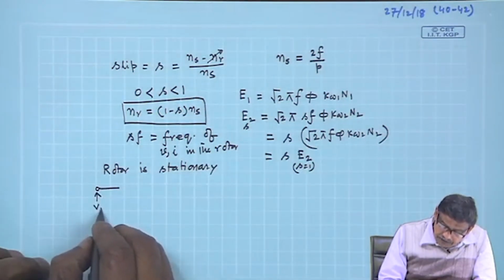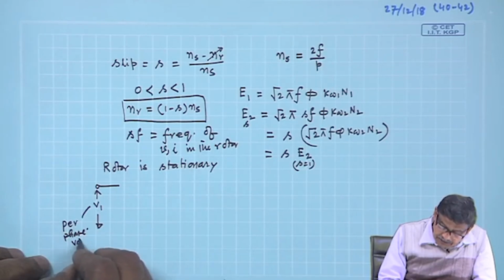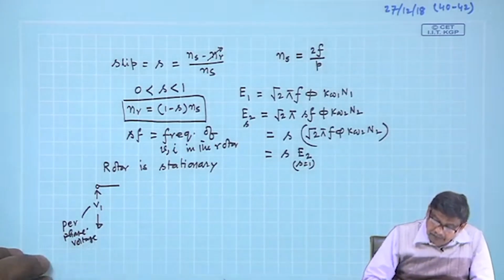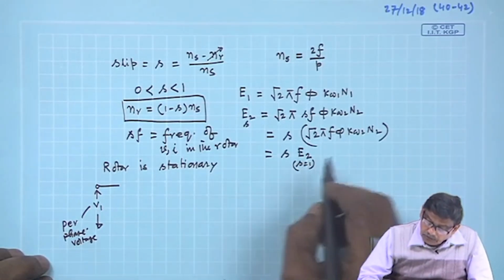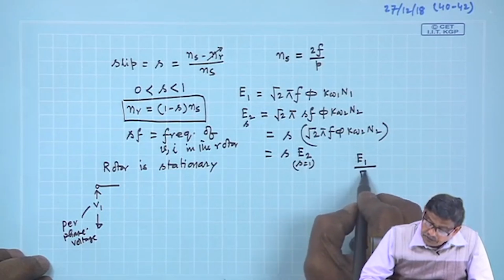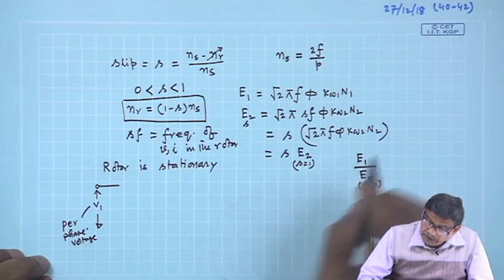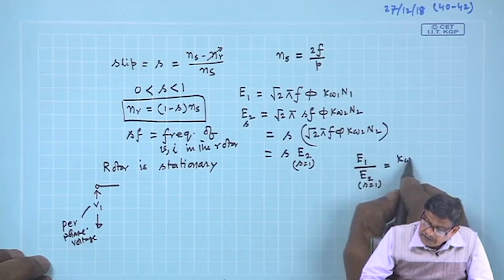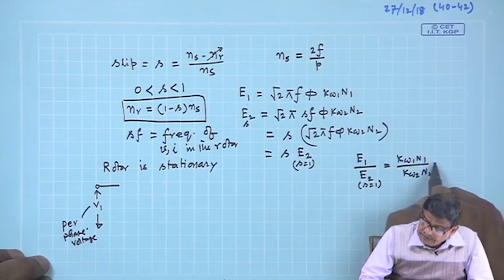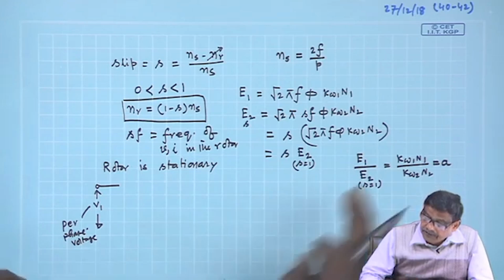Suppose V1 is the per phase voltage applied. Also note that E1 by E2 at S equal to 1 is nothing but kw1 N1 by kw2 N2, and this can be termed as the effective turns ratio between stator and rotor.